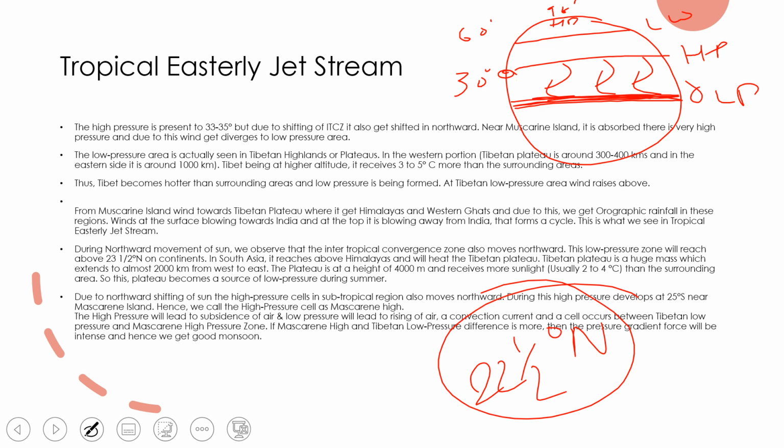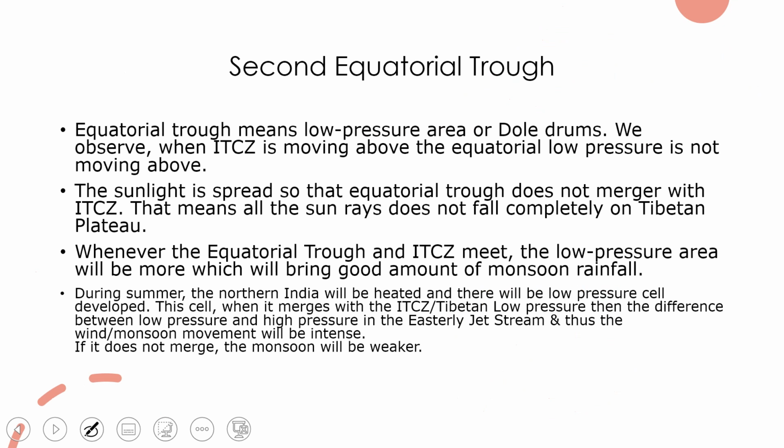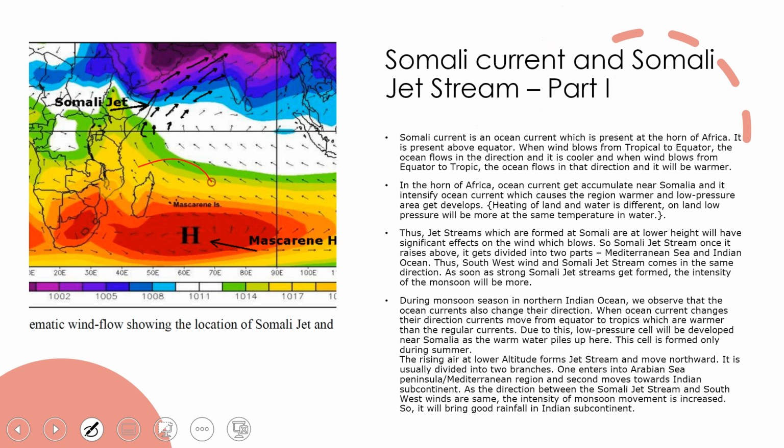So the ITCZ will also get moved northward, and near the Mascarene Islands it is observed that there is very high pressure, and due to this, wind gets diverted to the low pressure area. See this diagram, this is your Mascarene Island.